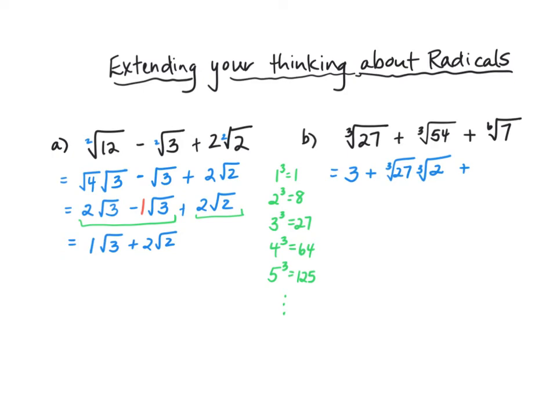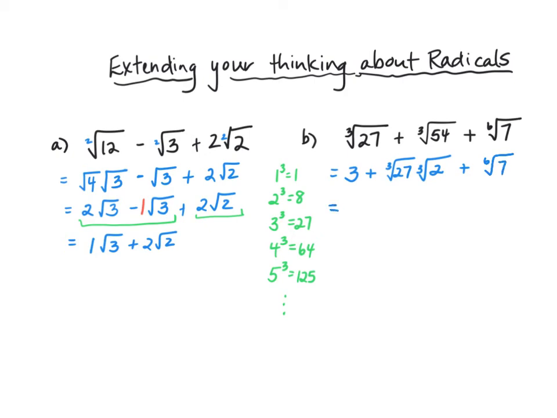What I can see, though, is that I'm never going to get some number multiplied by itself 6 times to give me 7. So I'm not going to be able to do anything else with that number. I do not want to start using decimals and the like, so I'm just going to leave that and know that I'm not going to be able to simplify that anymore.